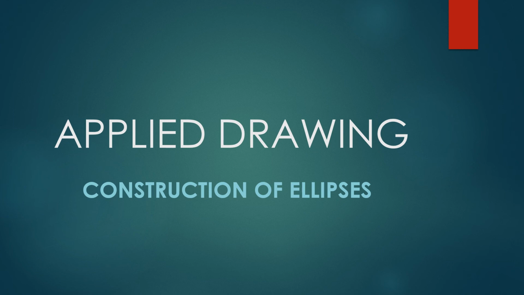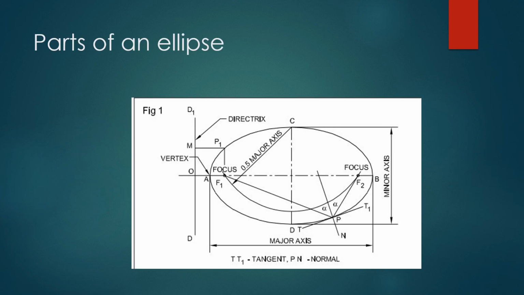So let's see all those parts, where they are and how they look. I said that an ellipse has several parts, and of importance, some of those parts include the major axis, which you can see from this slide.